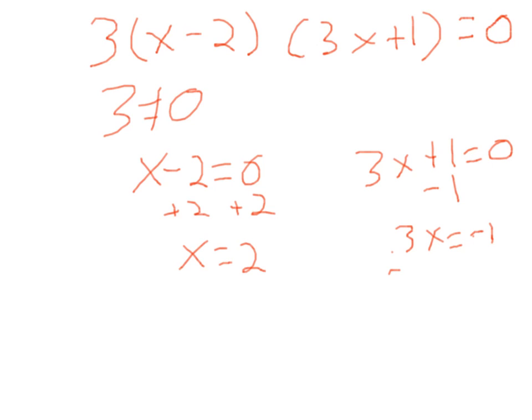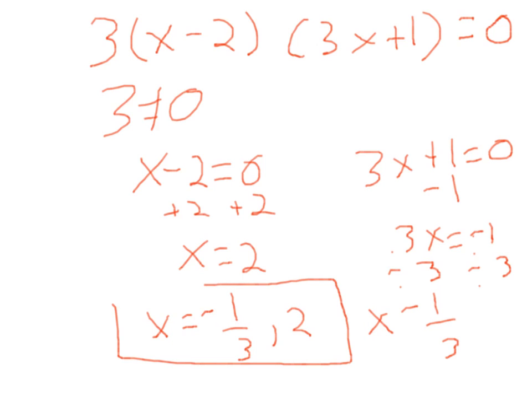And then I'm going to divide by 3. So x equals a negative 1/3. Now, because it's a quadratic, it means it'll have two answers. So when we solve it, it'll be x equals negative 1 over 3, comma, 2. And that'll be our final answer.